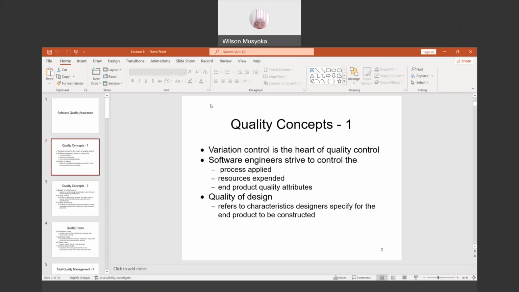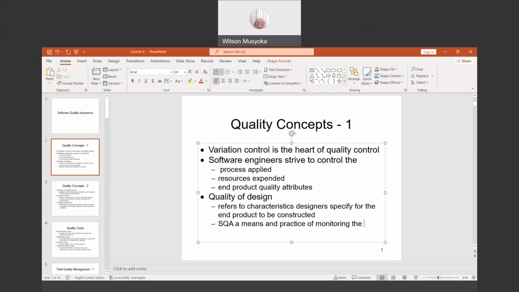And when we are talking about software quality assurance, that is SQA, it is normally referred to as a means and practice of monitoring the software engineering processes and methods used in a project to ensure proper quality of the software.